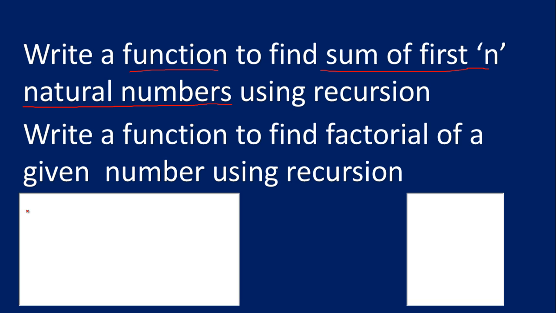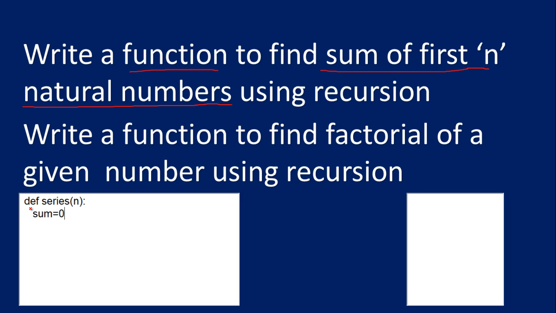Let me first write a small function without using recursion. So def, suppose we give the name of that function as series, and n is the number of terms. So for the first n natural numbers, whatever the value of n, it will find the sum from 1 to n.